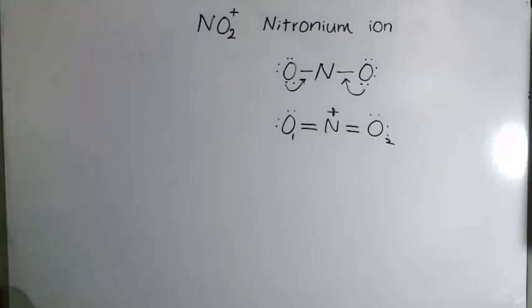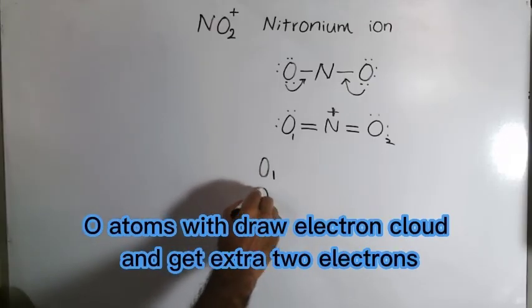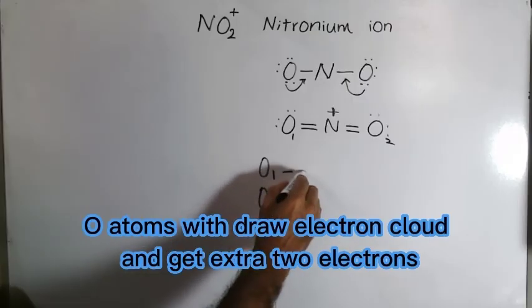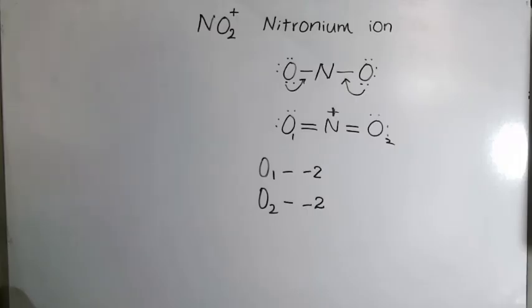So then the oxygen atom will get the negative charge and the nitrogen atom gets the positive charge. Since there is a double bond, O1 and O2 get minus 2, because each oxygen atom feels extra 2 electrons come to its valence shell because of this withdrawal.